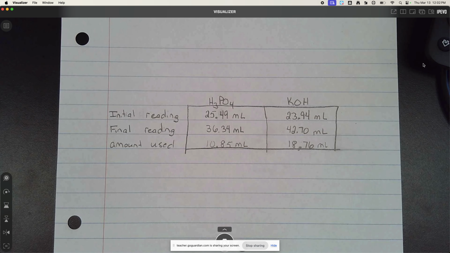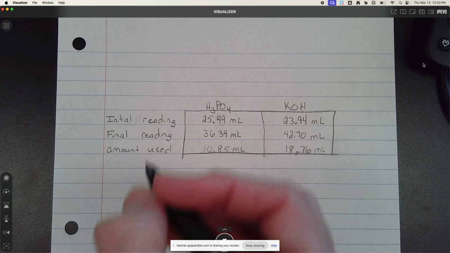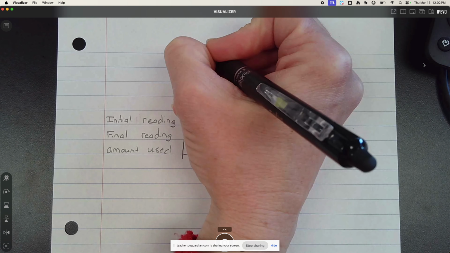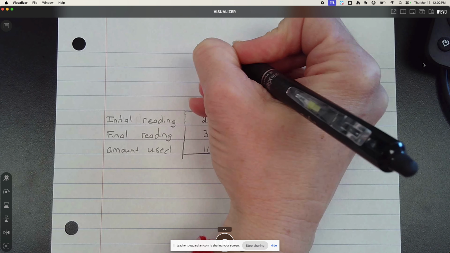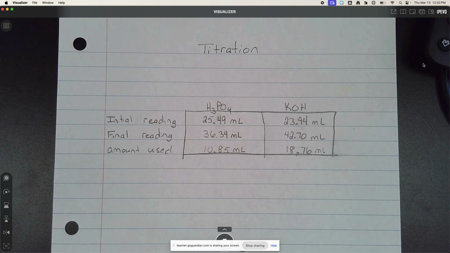Now, this little process is called titration. So we're going to go back and label the top of our paper. That's the word for what I just did.